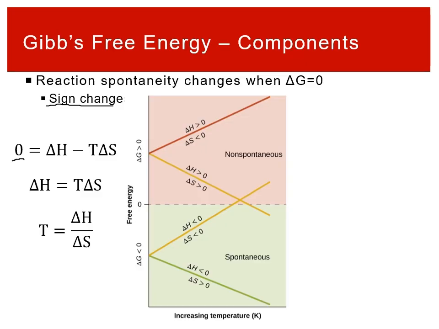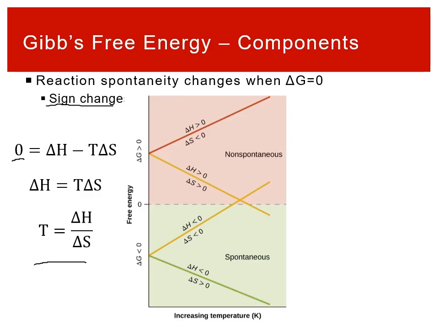So we can just plug in a 0 into our equation. We then do have to make an assumption that delta H and delta S don't change with temperature, which is a very good assumption, or pretty good. And then we end up with this equation that T is equal to delta H divided by delta S.